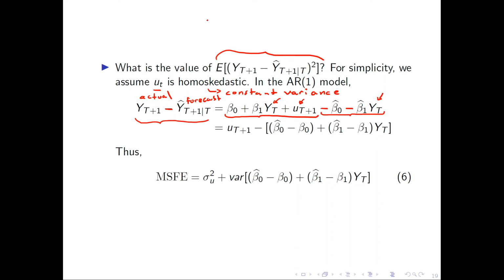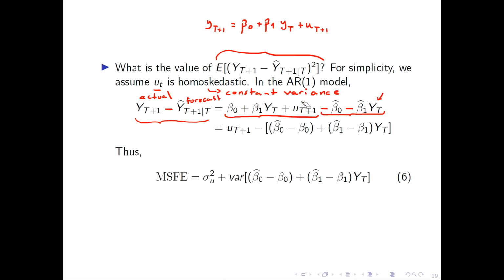Because remember that the population regression equation is given by the following: y at T plus 1 equals the intercept plus the slope times y at T, plus u at T plus 1, right? So this is just what we have down here, okay?